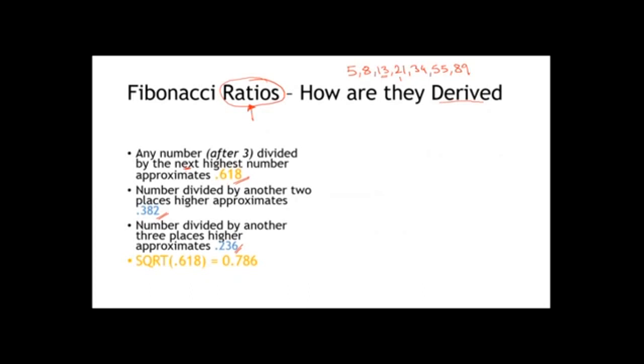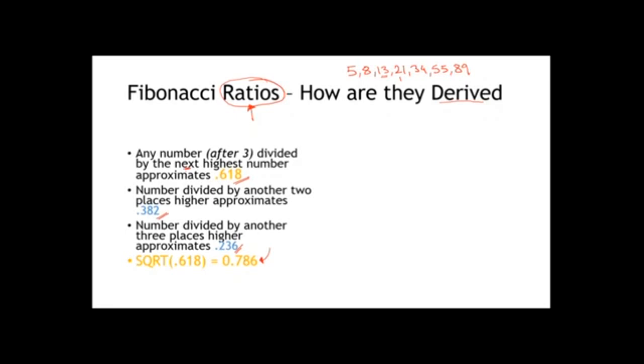0.618, the reason I've made it goldenish, is part of what we call the golden mean. There's another part of it. One part is 0.618, and if we take the square root of 0.618, we get 0.786. This is a very important number. When we do Fibonacci retracements a little later, we'll see how 0.786 is a very important retracement number.